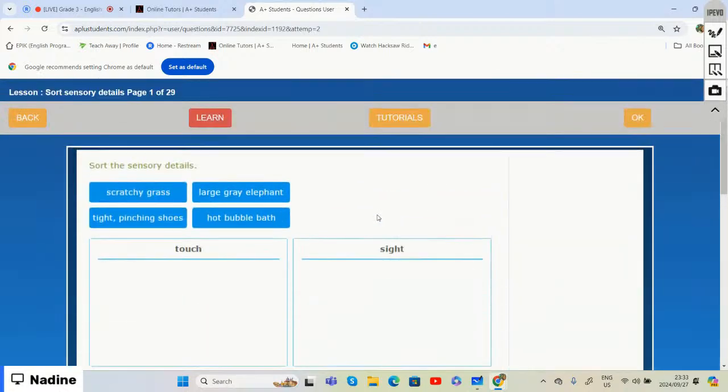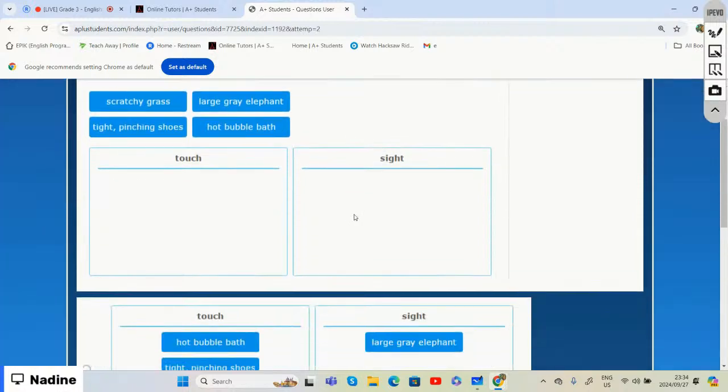We need to say which one must go correctly under the sensory details. If you look at those words, we have scratchy grass, tight pinching shoes, large gray elephant, hot bubble bath. Things that we can touch and things that you can see.